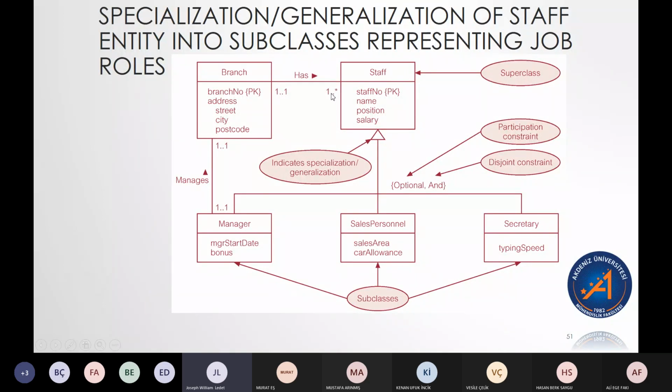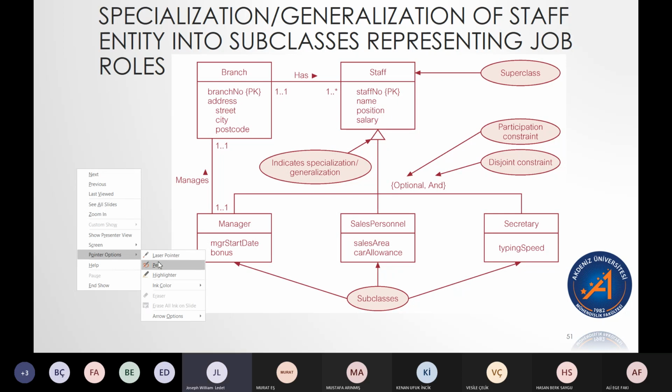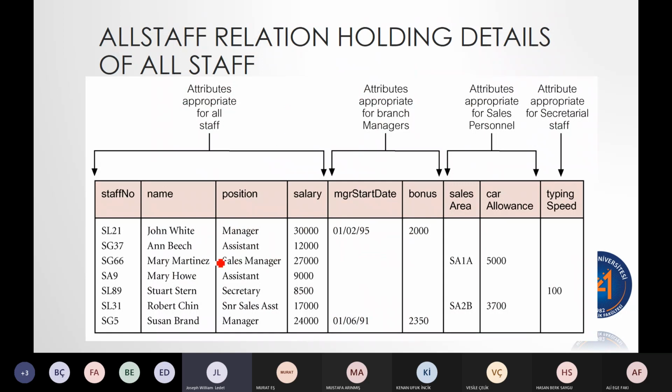Now, the staff part here. If we look here, what we're really talking about is the staff table, the staff entity.